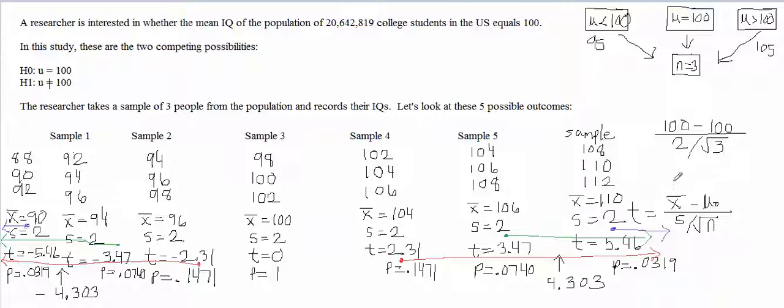So if you get an outcome way to the right, it's unlikely if the null was true, so the null is rejected. If you get an outcome far to the left, it's unlikely if the null was true, so you reject it.